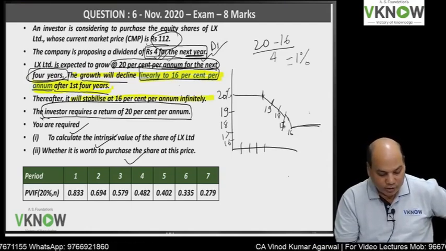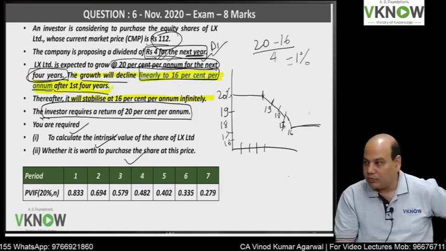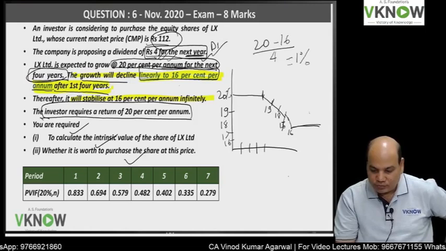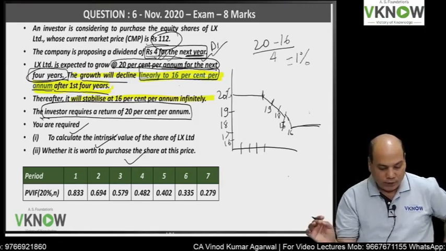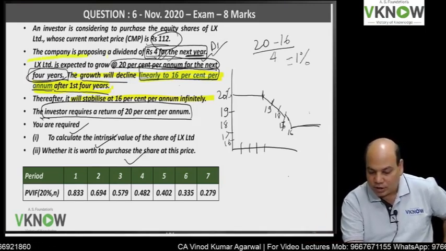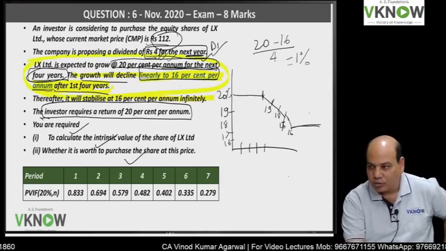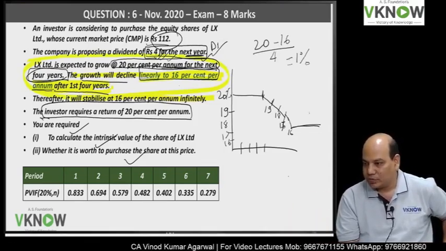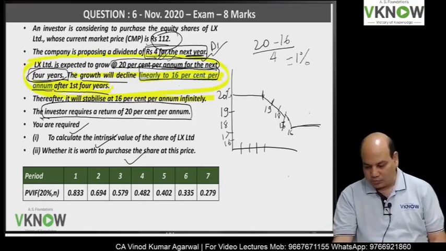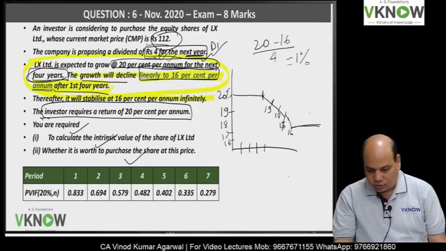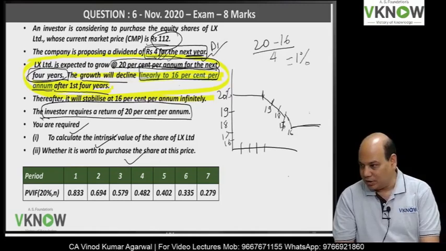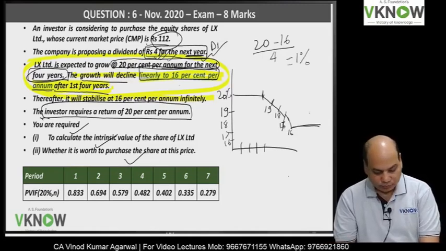So how do I solve it? If you know the concept of linear decline in the dividend rate, you can easily crack it. Linear means equal decline in each year, so we will assume a 1% decline in each year.